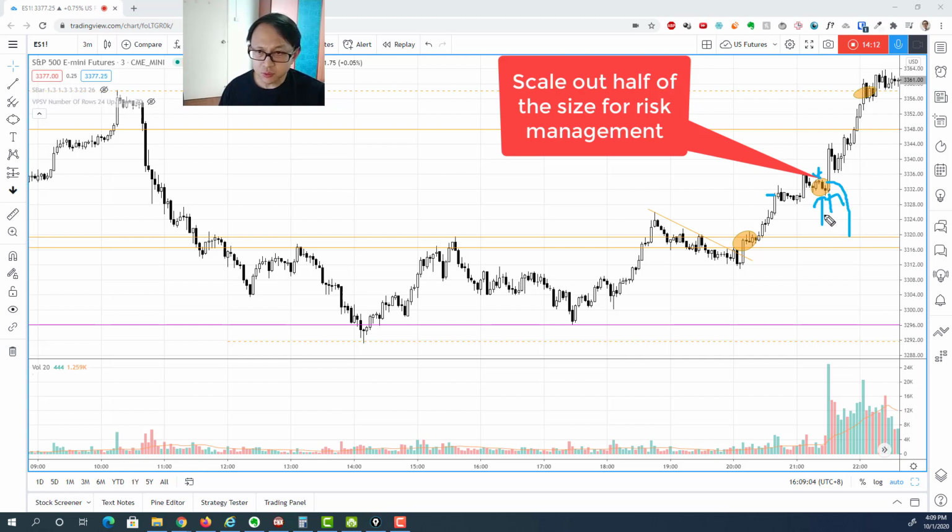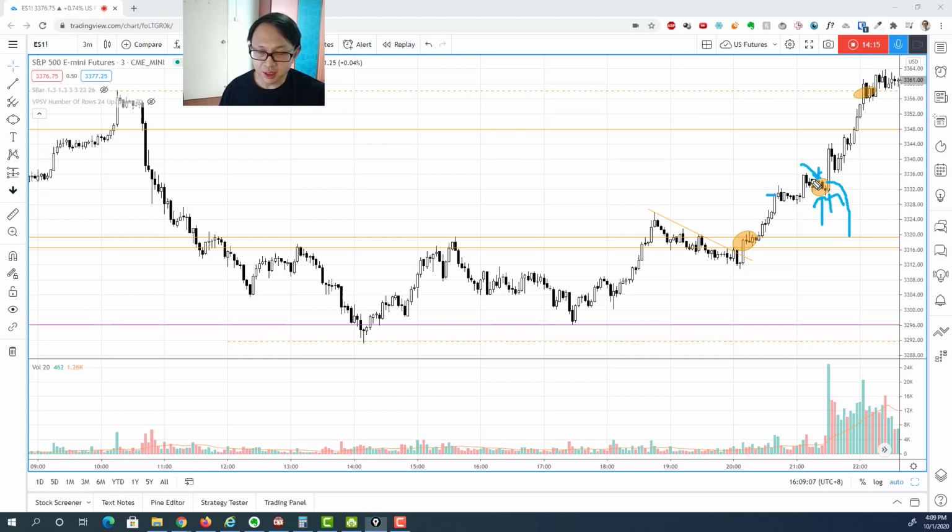Especially when I open a trade there and close it up there, it's pretty much close to a break-even trade. But I still keep the full size of the position at the reversal trade there. And eventually, I just ride the trade and trail my stop and have my limit order to exit my trade right at this non-RTH high at around 33.56, 57, which is also the prior resistance level at around 33.60.